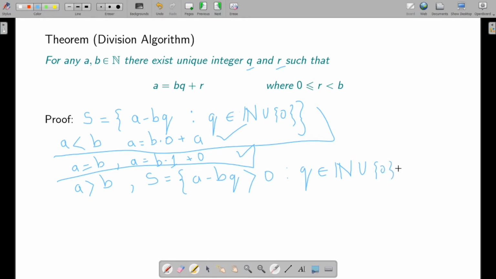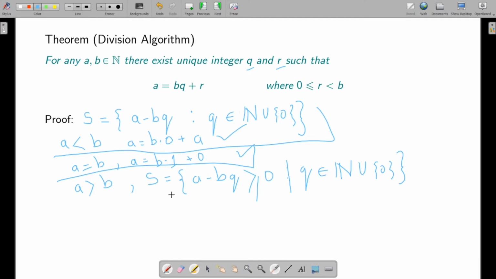That's fine. So N equals N union 0. That's fine. So S is A minus BQ greater than or equal to 0, because you might get a remainder 0, such that Q is in N union 0.